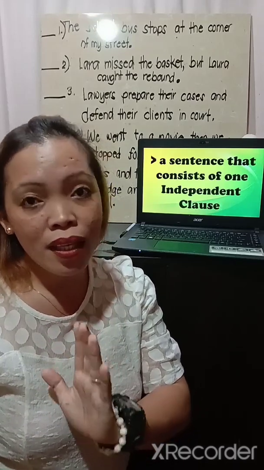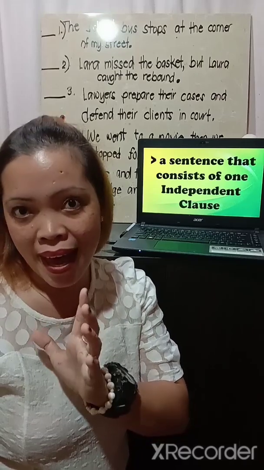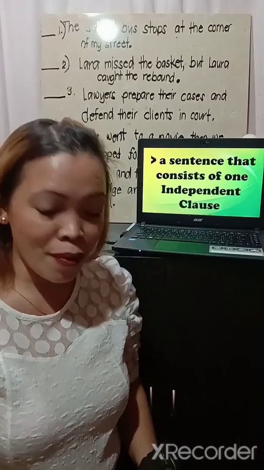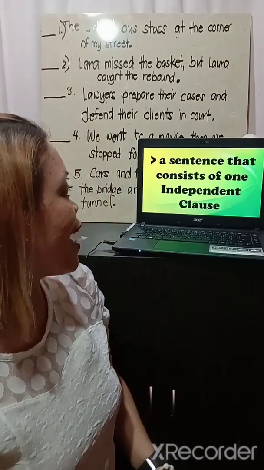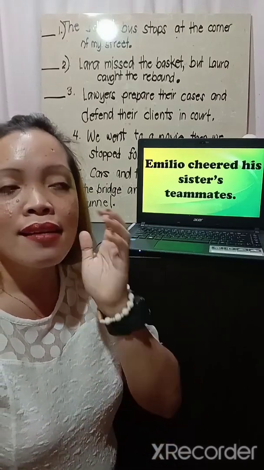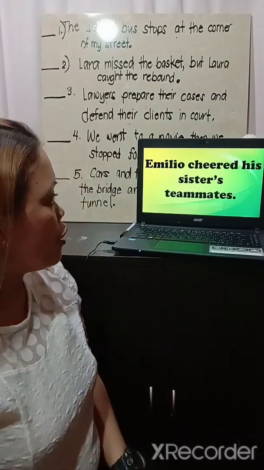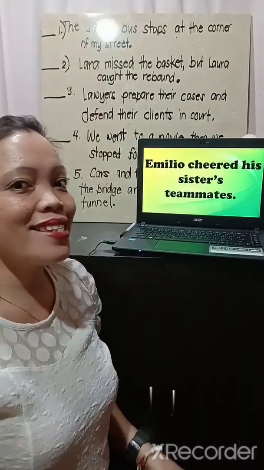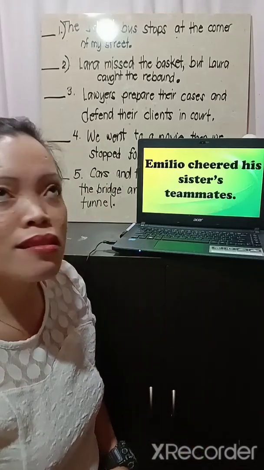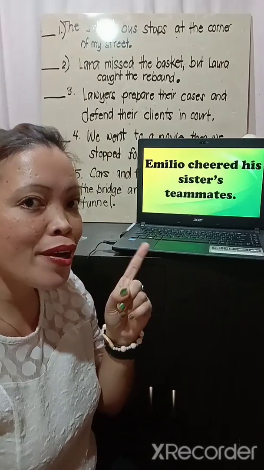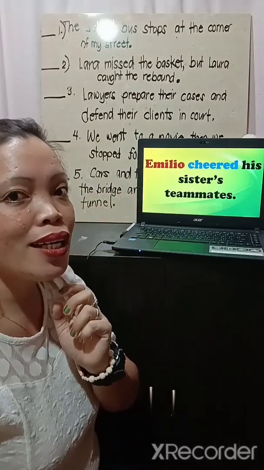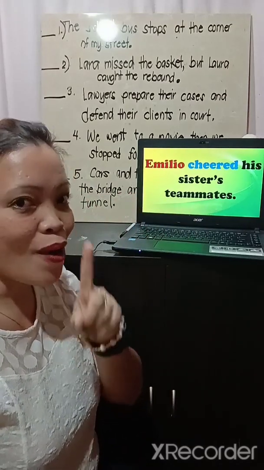It can be formed by having one subject and one predicate. I have an example to show you. This is an example of a simple sentence: Emilio cheered his sister's teammates. It has one subject, the one in red text, Emilio.